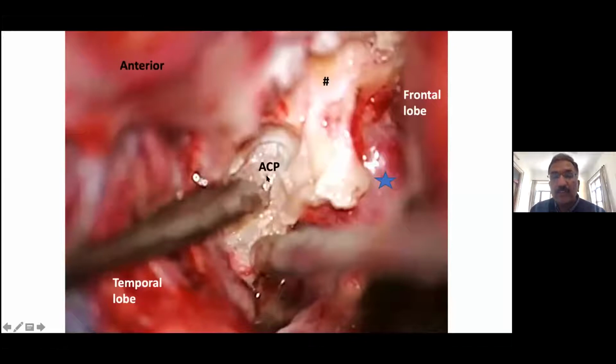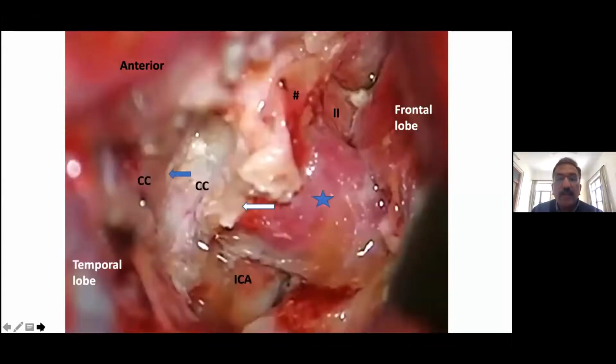Now, once you are drilling the anterior clinoid process, you have actually drilled the posterior strut of the anterior clinoid process. And once it becomes completely mobile, you can remove the last portion of the mobile anterior clinoid process. And this is the distal dural ring that you see here. And once you have removed the anterior clinoid process, you see this is the cavernous carotid artery.